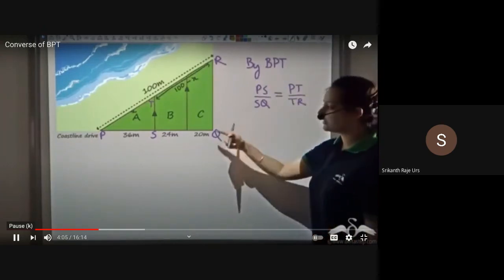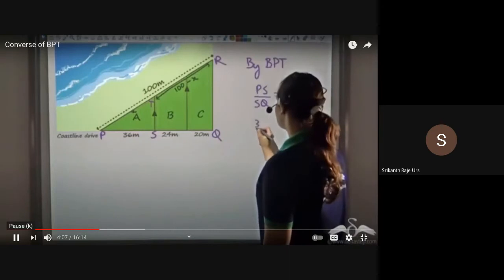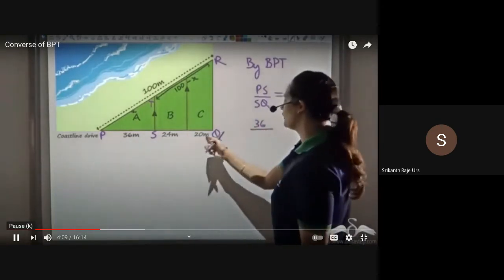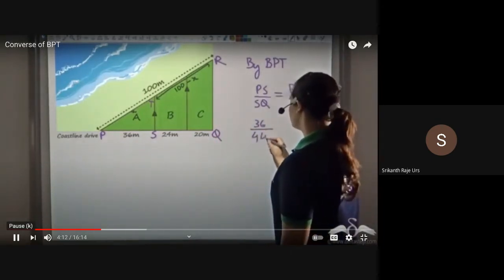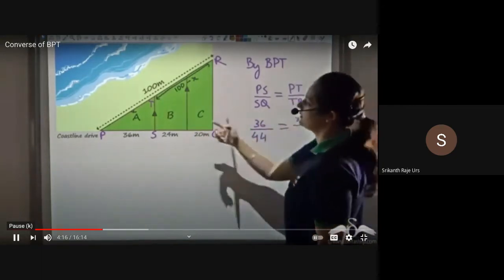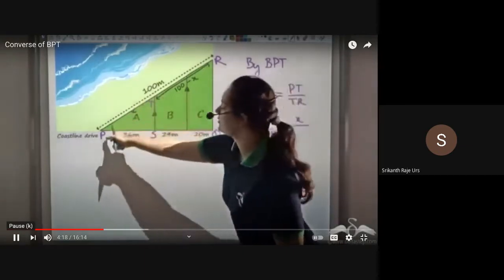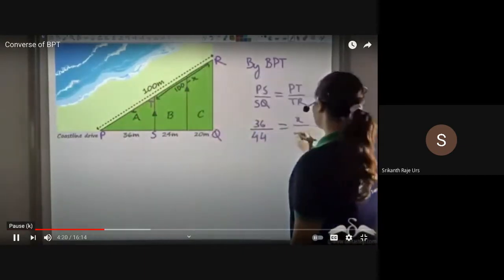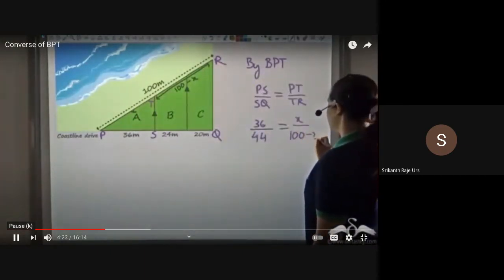Now if I substitute the values, I know PS is 36, SQ is 24 plus 20, which is 44, PT is X, and TR is 100 minus X, because we know PR is 100. So this would be 100 minus X.